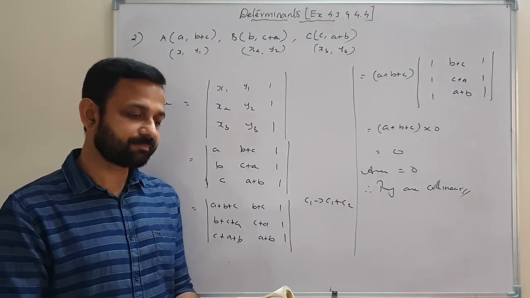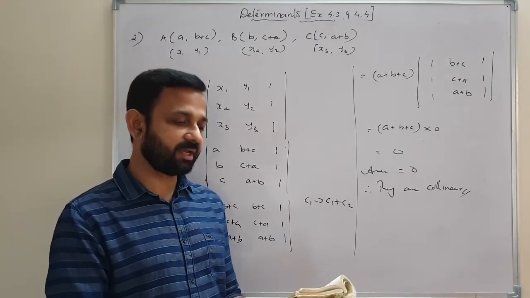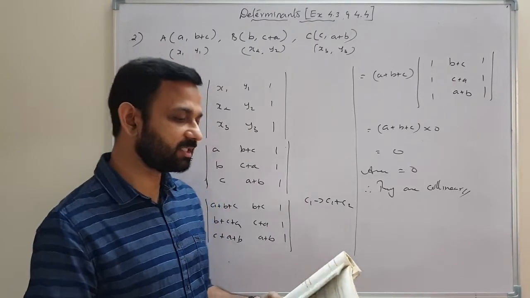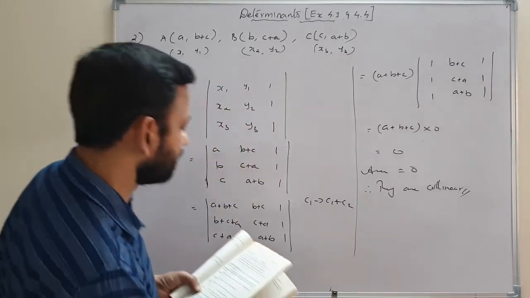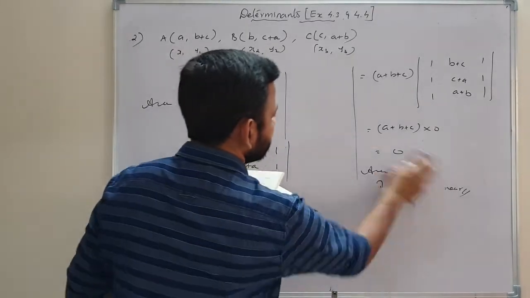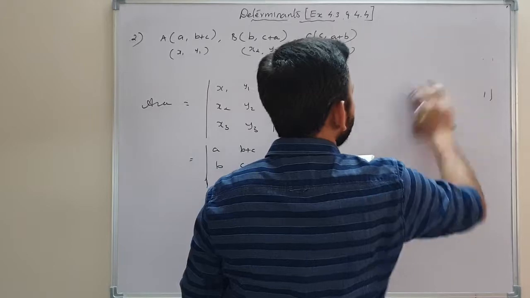Now question number 3. Find the value of k if the area of the triangle is given and the vertices are also given. Area is given, we need to find the value of k.